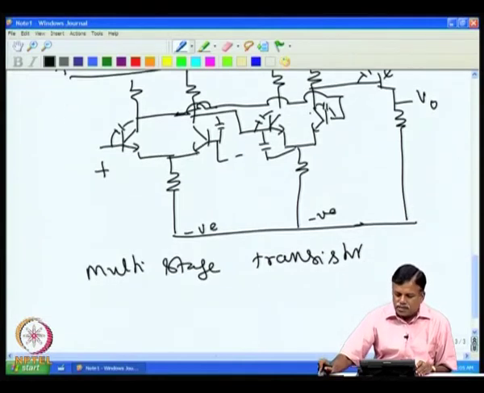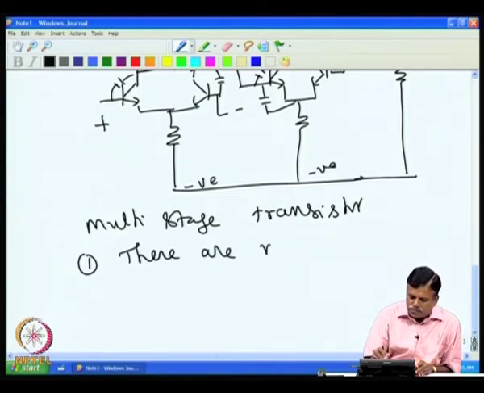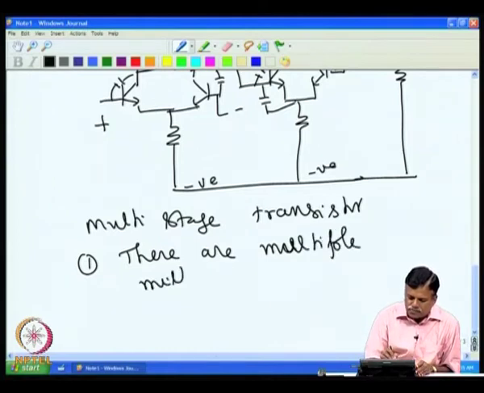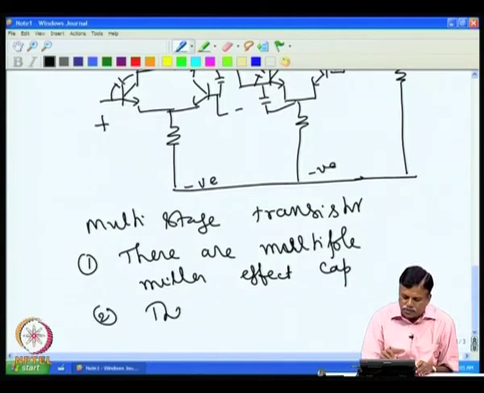Now, there are multiple Miller effect capacitors, and similarly there are multiple input capacitors.